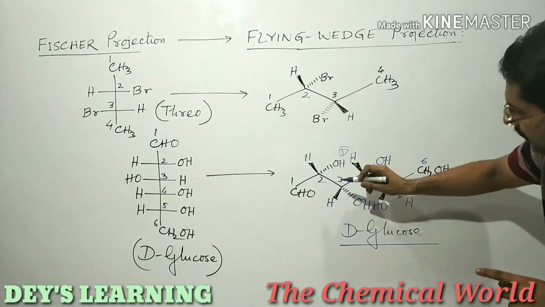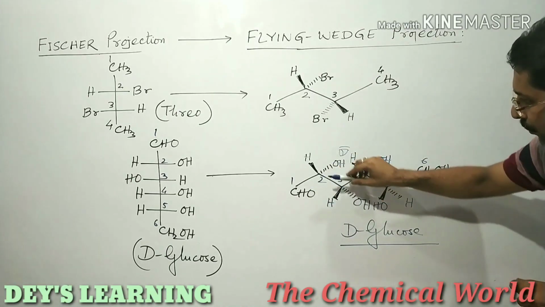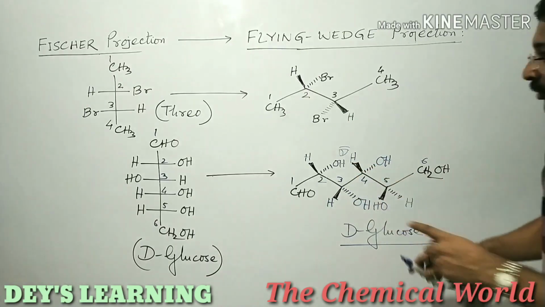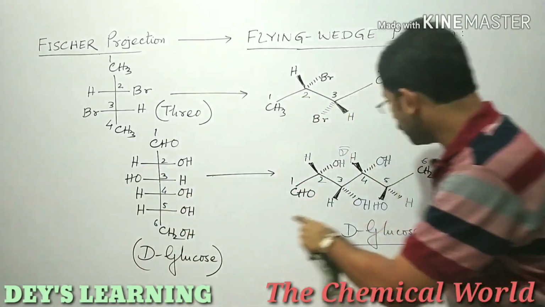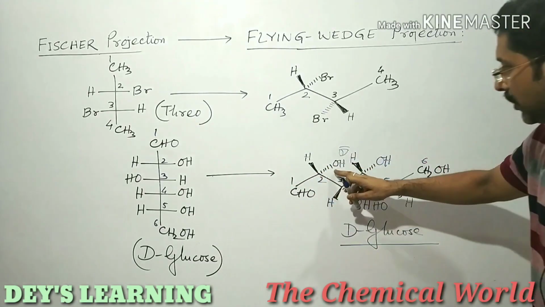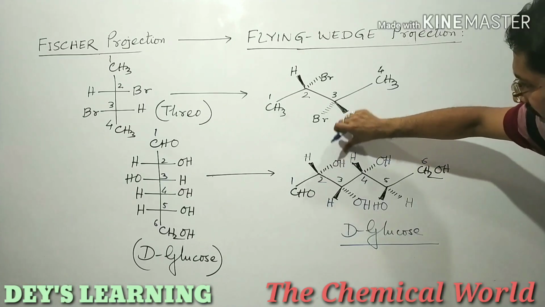You will find that the 2 to 3 bond actually turns left. So the group at the left side of carbon number 2 will appear at the frontal bond, and OH obviously will go in the backward, in the back bond, in the rear bond.